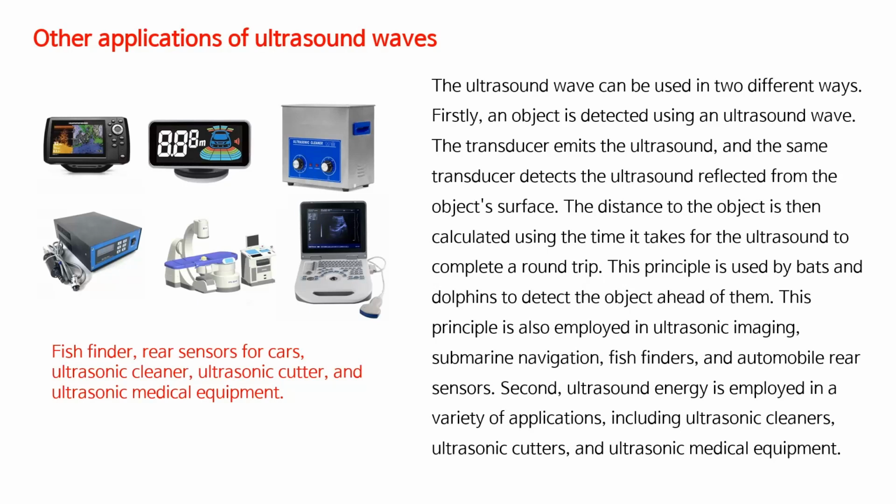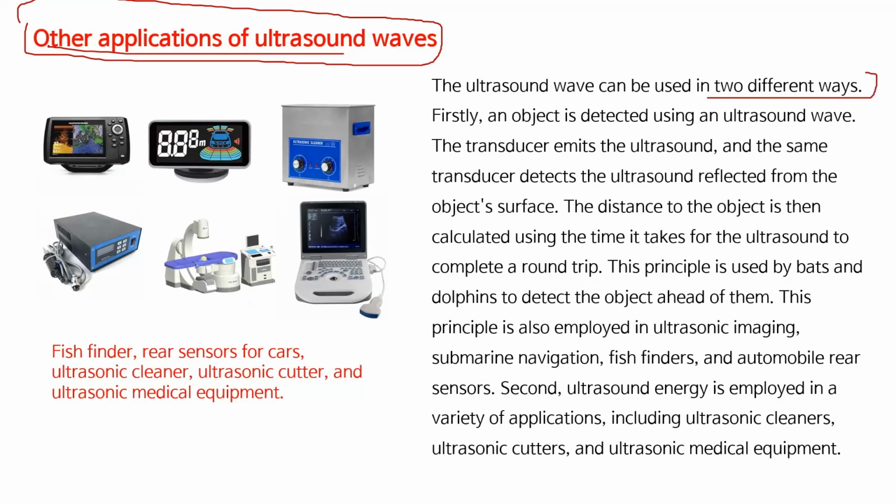Now let's see the other applications of ultrasound waves. The ultrasound wave can be used in two different ways. Firstly, an object is detected using an ultrasound wave. The transducer emits an ultrasound, and the same transducer detects the ultrasound reflected from the object surface.